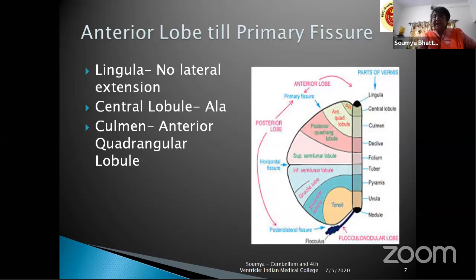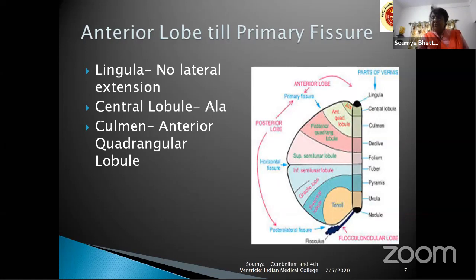It has light green, it has light yellow, it has pinkish fuchsia color. Now see, the color of the vermis corresponds with the color of the hemisphere. That is why it is said that the vermis has certain parts which have corresponding parts on the cerebellar hemispheres. But then anteriorly or superiorly near the anterosuperior notch, you can see a black coloring.